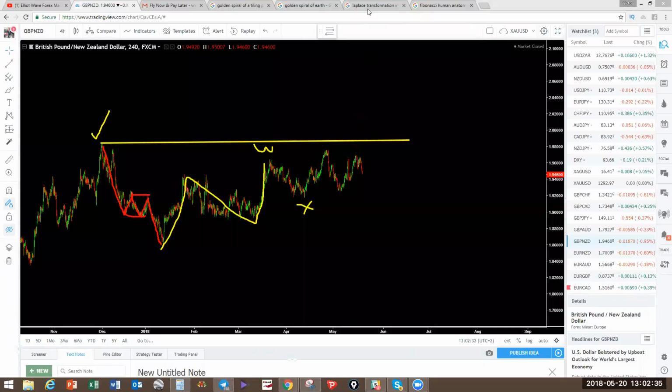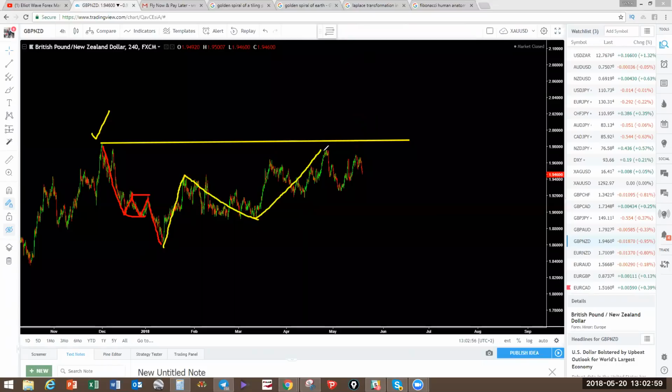So there's a possibility, and both of them have got the same bias, that this is 1, this is 2, and this is 3 here, and this 3 is in 3 waves.